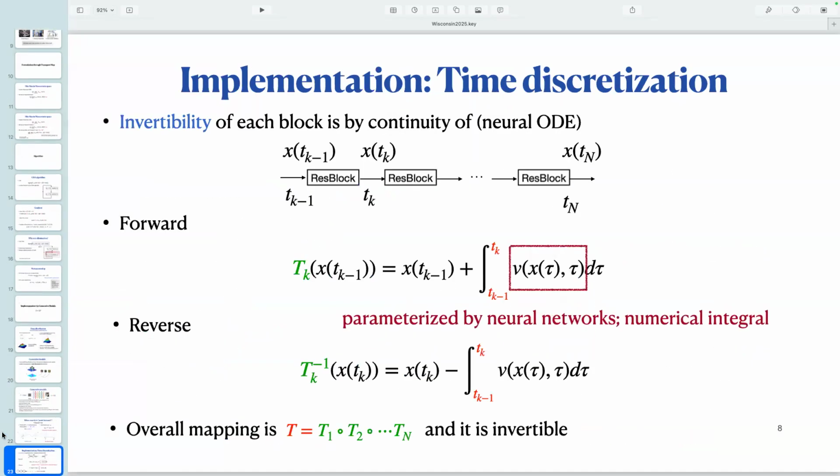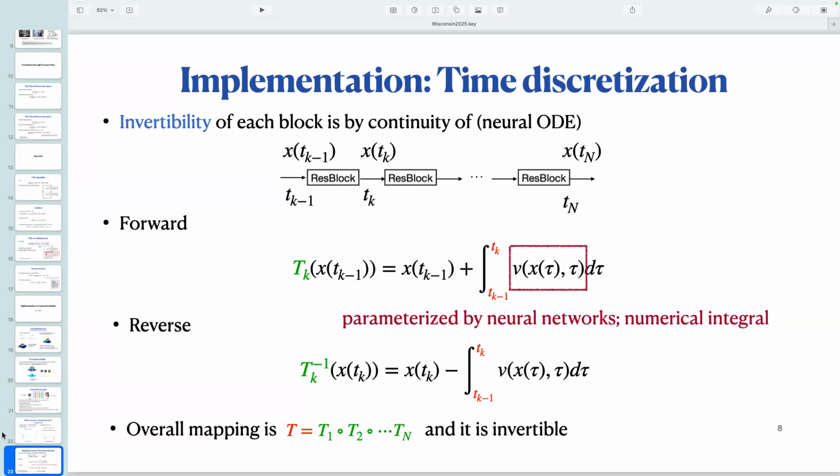And so why is this a good representation? People think about why nowadays diffusion models and flow-based models have good performance on large-scale images and high-dimensional data. It's because neural networks can capture high dimensionality. In this representation, we essentially discretize time, and then this V is going to be represented by some neural network, in particular a ResNet block.